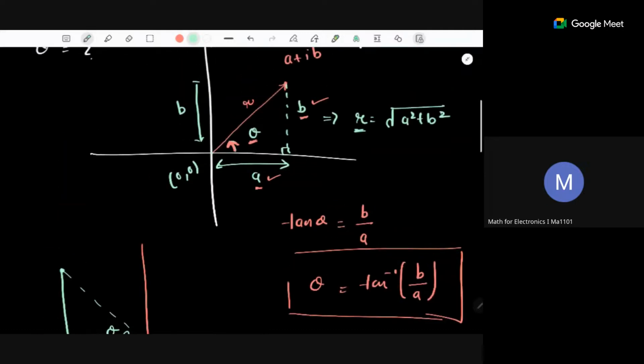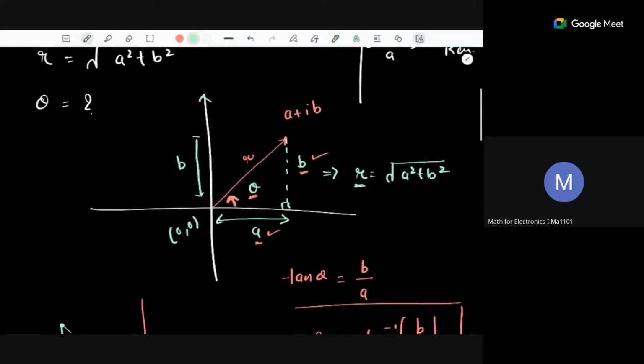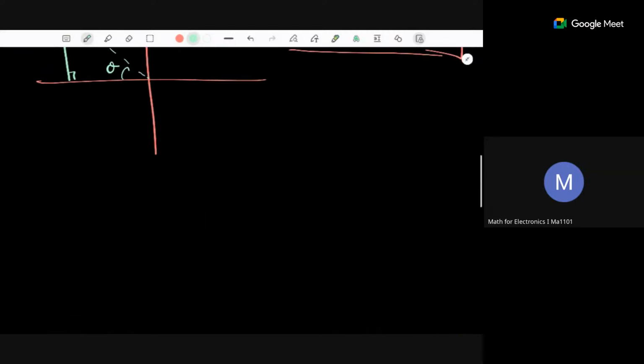But you have to be a little bit careful that we have considered the angle in the anti-clockwise direction, not the clockwise direction. We have taken the angle formed by the line joining the origin and the point with the real axis. So this is known as the polar coordinate form for any complex number.